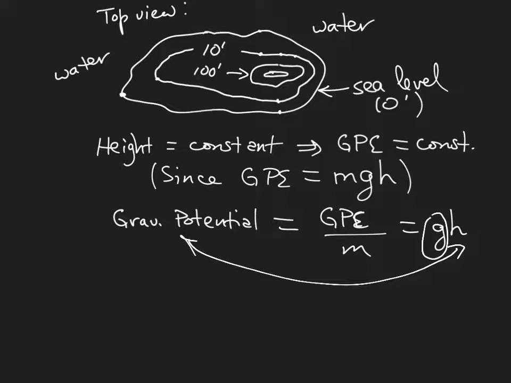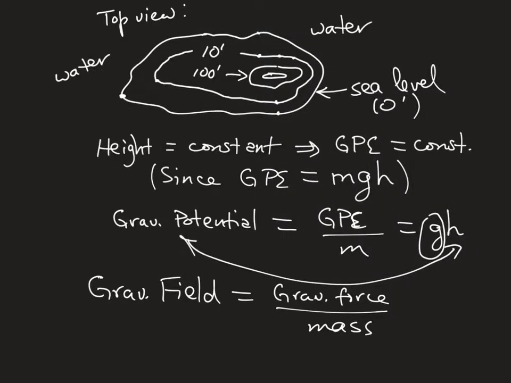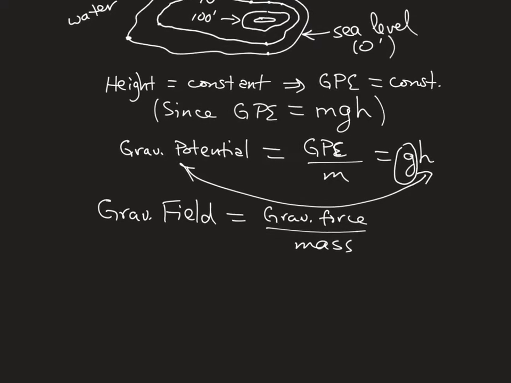Okay, and then one more piece to this, which is the gravitational force, or the gravitational field, which is equal to the gravitational force per unit mass, in the same way that electrical field is electrical force per unit charge, because mass is like the charge for gravity.